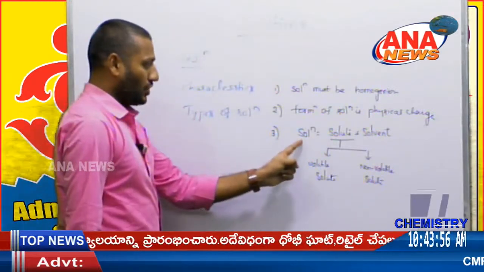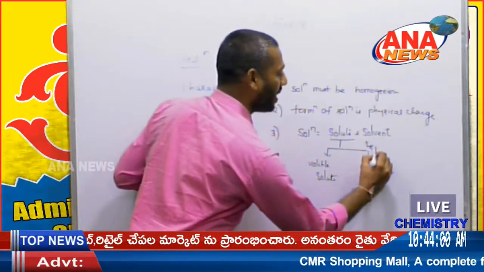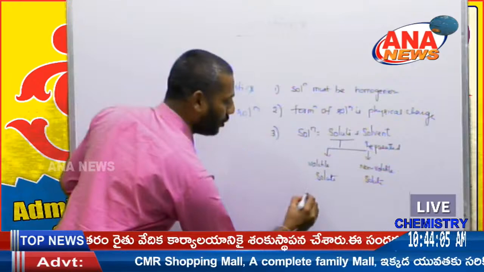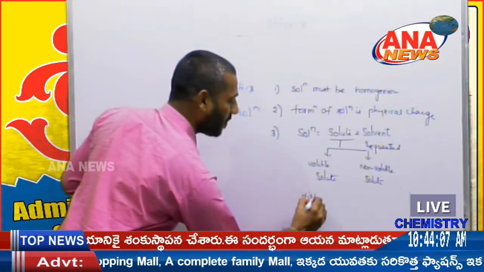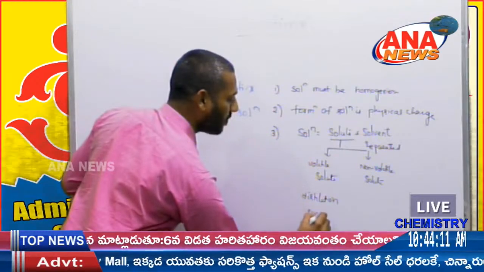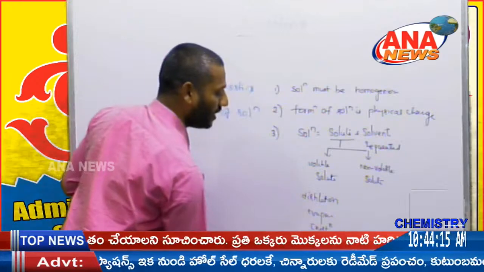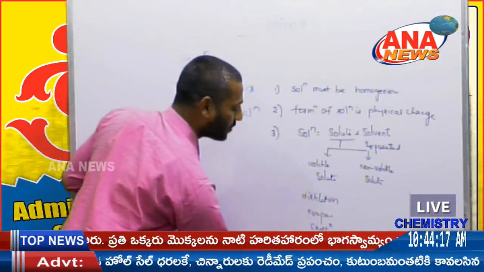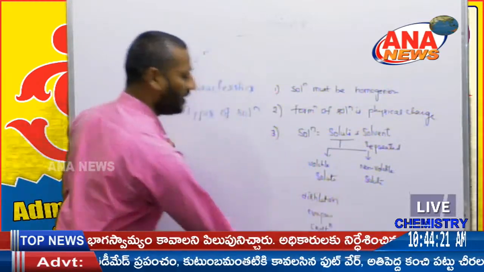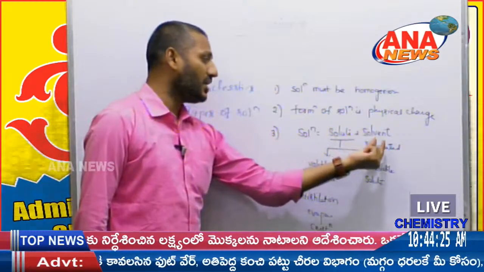So in this solution, the solute can be separated by using distillation, evaporation, crystallization. Next one, adsorption also. These can be useful for the separation of the solute from the solution.